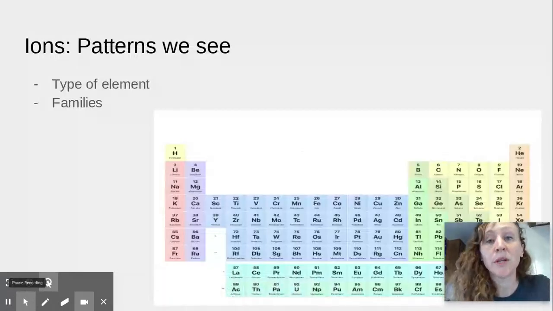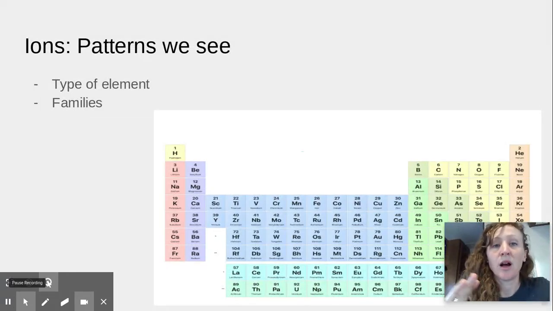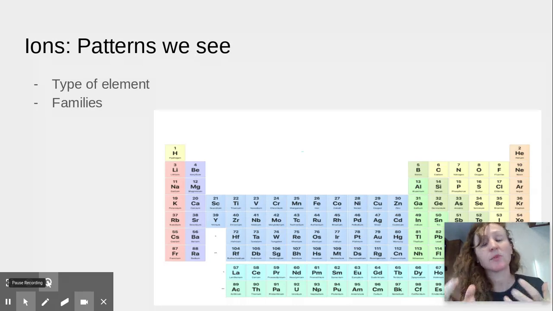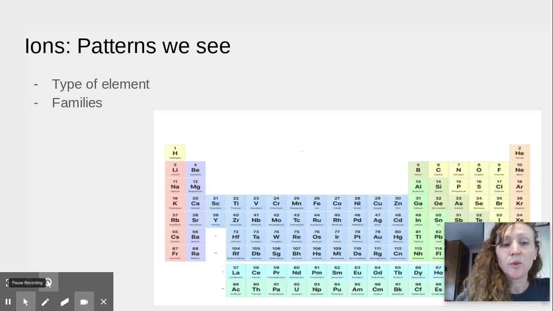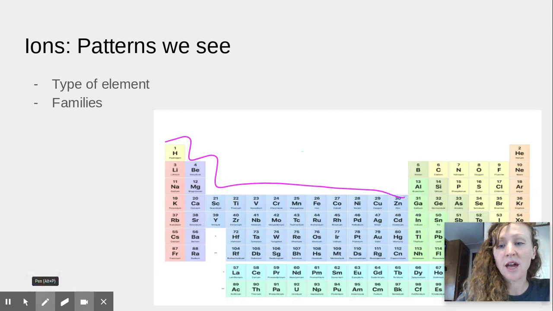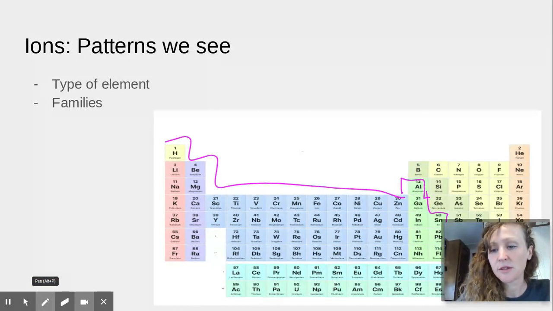And I just want to recap a couple things about ions before we move on so that we know everyone's on the same page. So one of these patterns that we see with ions is the type of element. We just talked about this on the last slide, but when you look at the type of element, here's the metals, right?